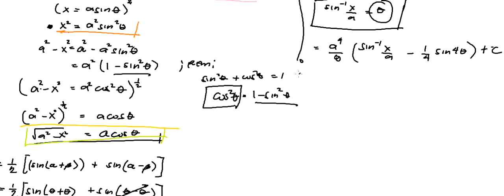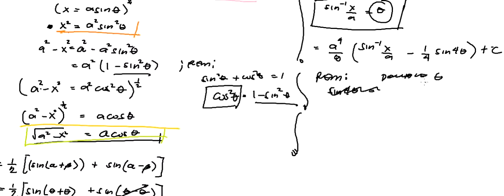So we're working on sine 4 theta using the double angle from our trigonometry. From our trigonometry double angle, sine 2 theta is equal to 2 sine theta cosine theta, right?